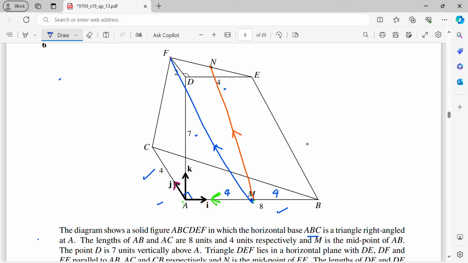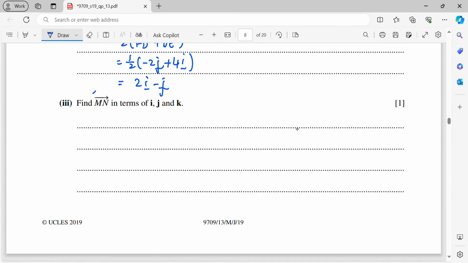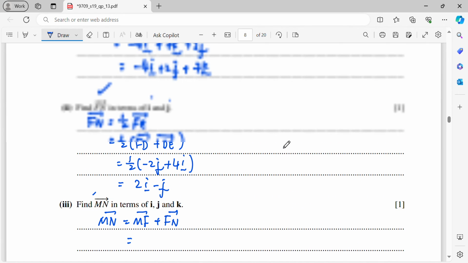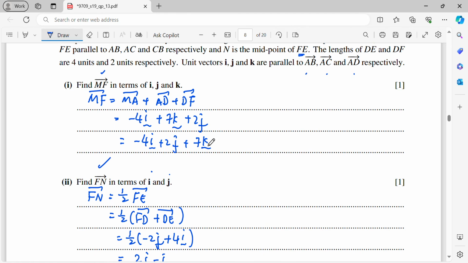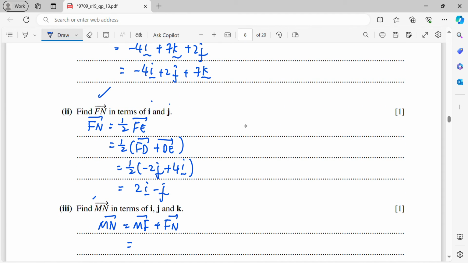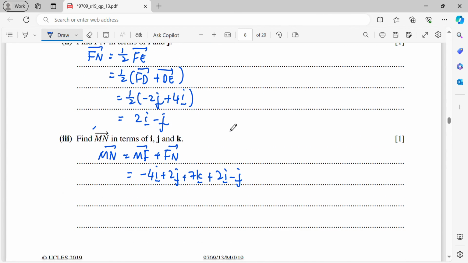So MF plus FN. Okay, so MN equals to MF plus FN. So just substitute the vectors that you have found. MF is minus 4i plus 2j plus 7k. Then the FN is 2i minus j.